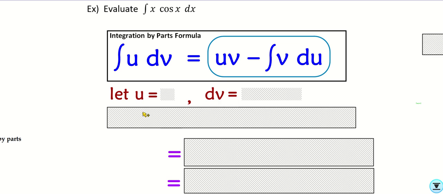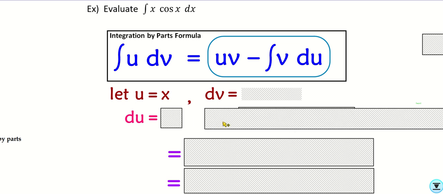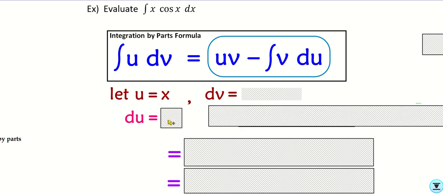So in this example, we're going to let u equal x, because if you take the derivative of x, it basically just becomes 1, or 1 dx. And if we let u equal x, then dv basically ends up being the rest of it, the cosine of x dx.